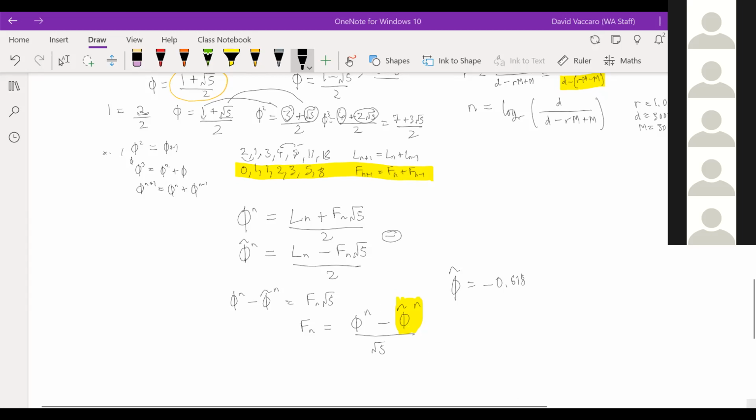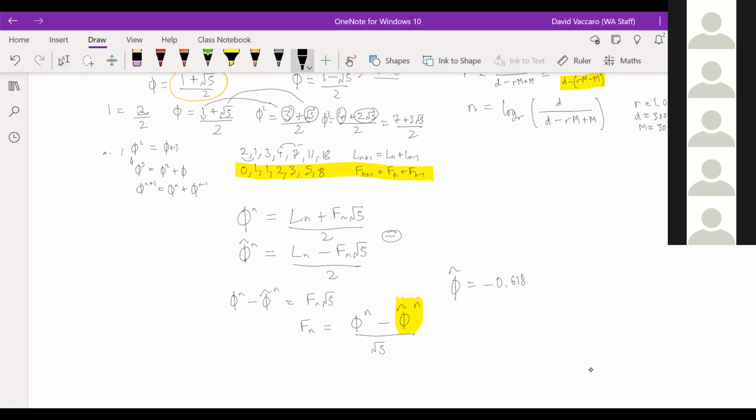Well, we know from geometric series that a geometric sequence becomes really small if the common ratio is less than 1.